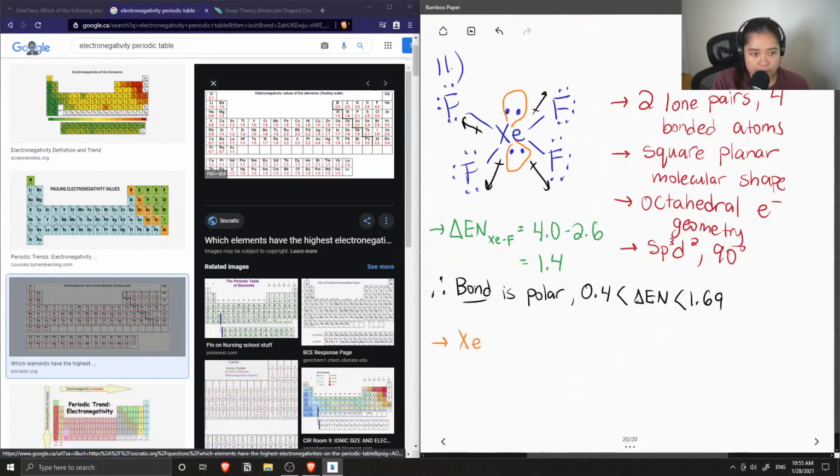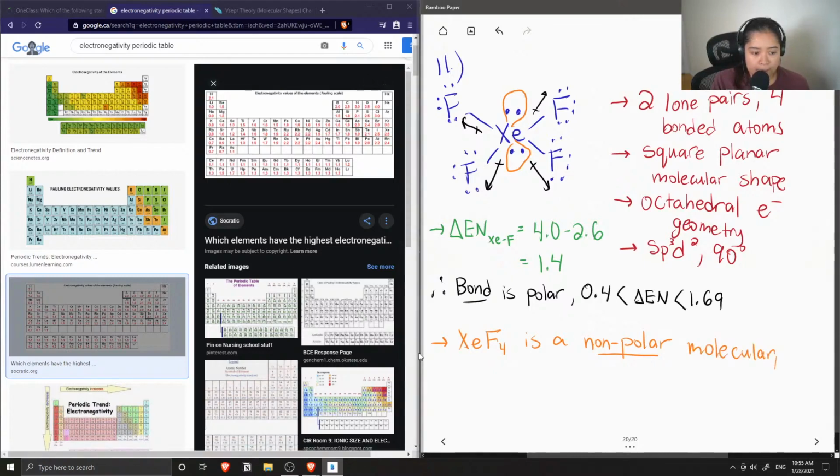So I can say that xenon tetrafluoride is a nonpolar molecule. And the reason for that is because the dipole moments that are caused by the fluorine are cancelled out.